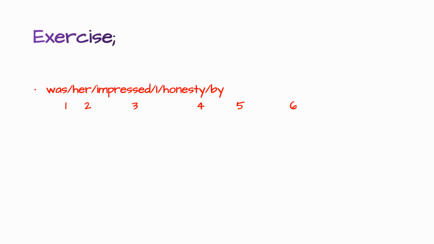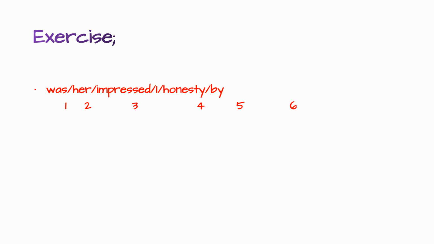Yes. Based on the information I provided, now I am going to give you this exercise. Try to note this down and then rearrange the words into a meaningful sentence.